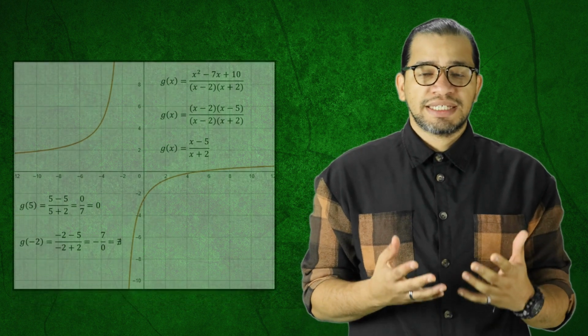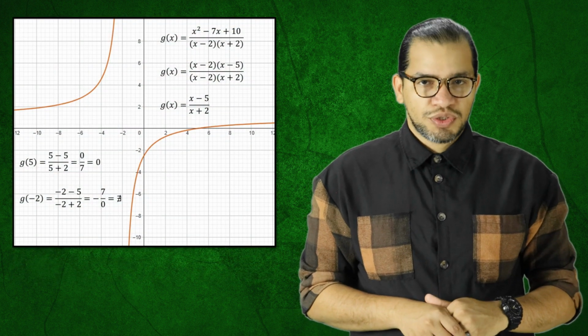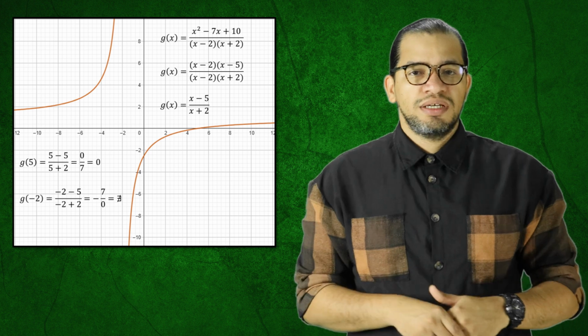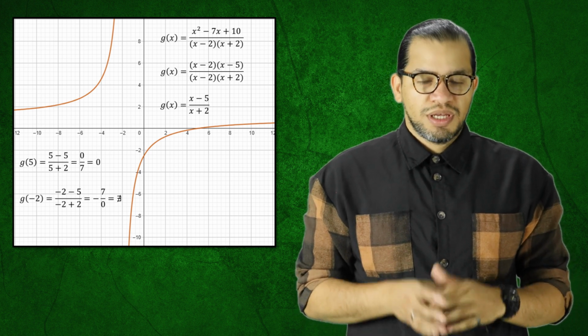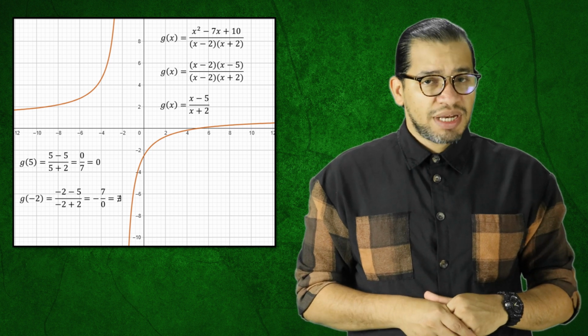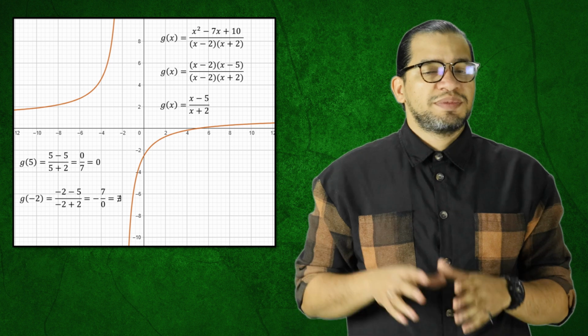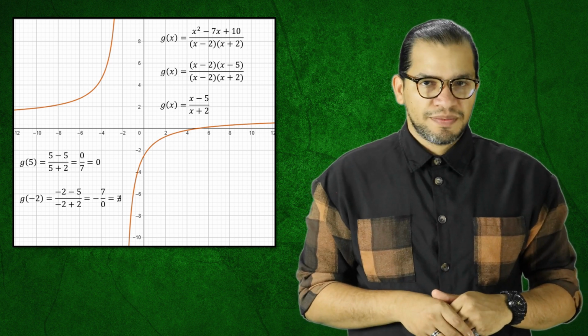Another example will be the rational function g of x equal to x squared minus 7x plus 10 divided by x minus 2 times x plus 2. Now, the polynomial x squared minus 7x plus 10 can be written as x minus 2 times x minus 5.